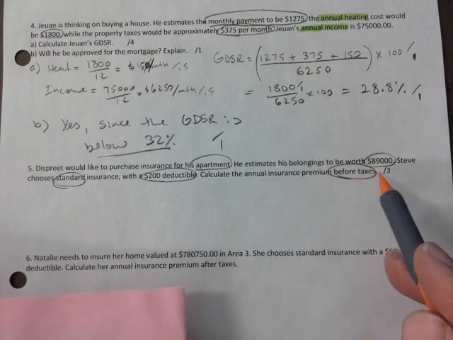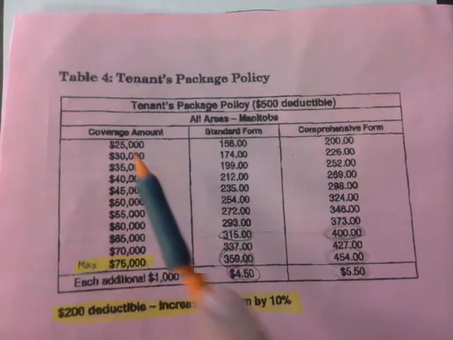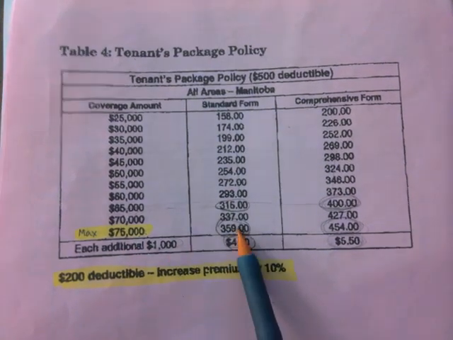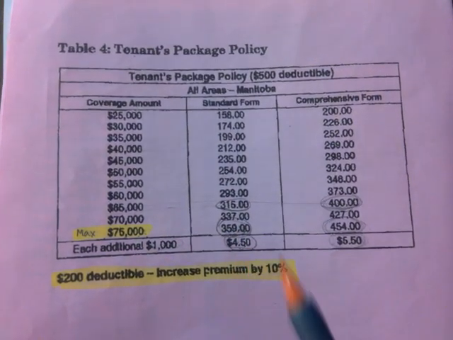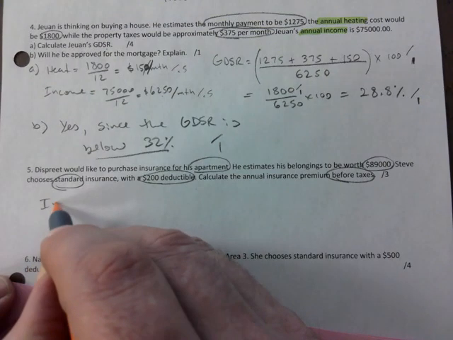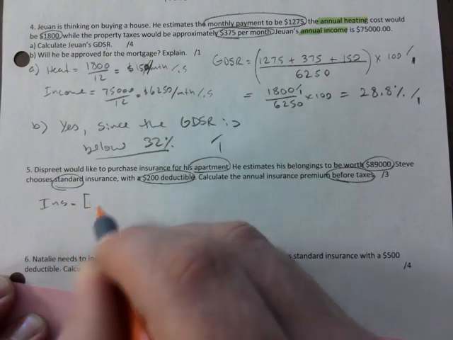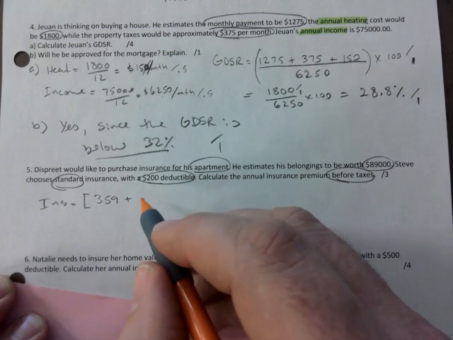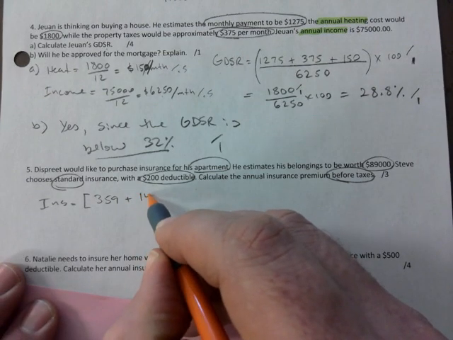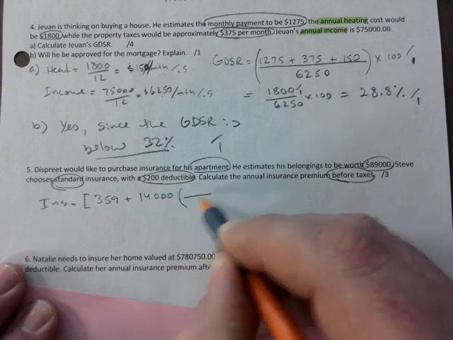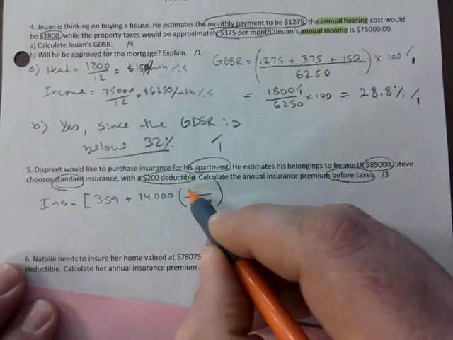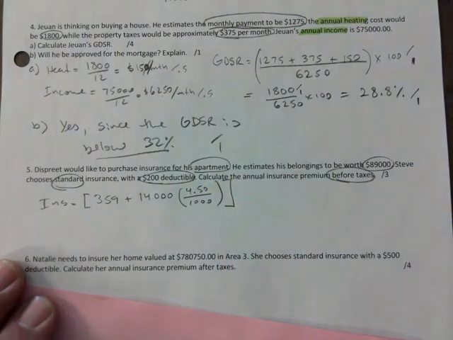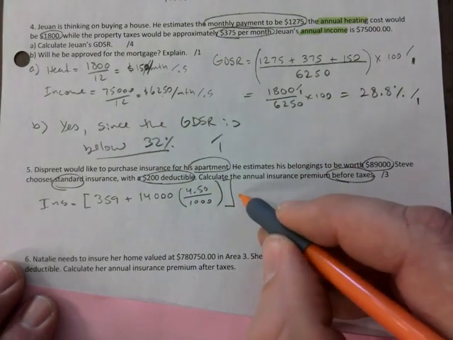Apartment, and it's standard. So standard, we max out at 75, so we need to grab the 359 and pay extra for the rest. So insurance, you grab the 359 plus, you're over by $14,000, and you pay $450 per $1,000 of insurance that you'd like to get on top of that.